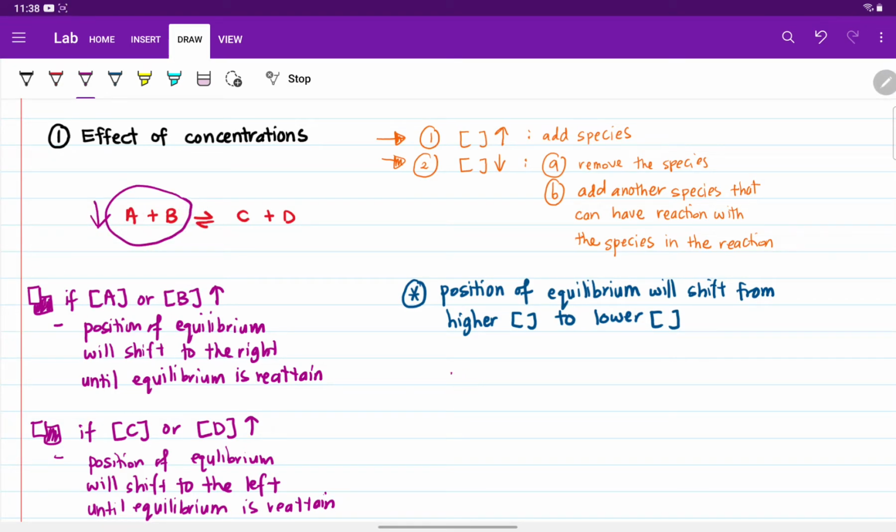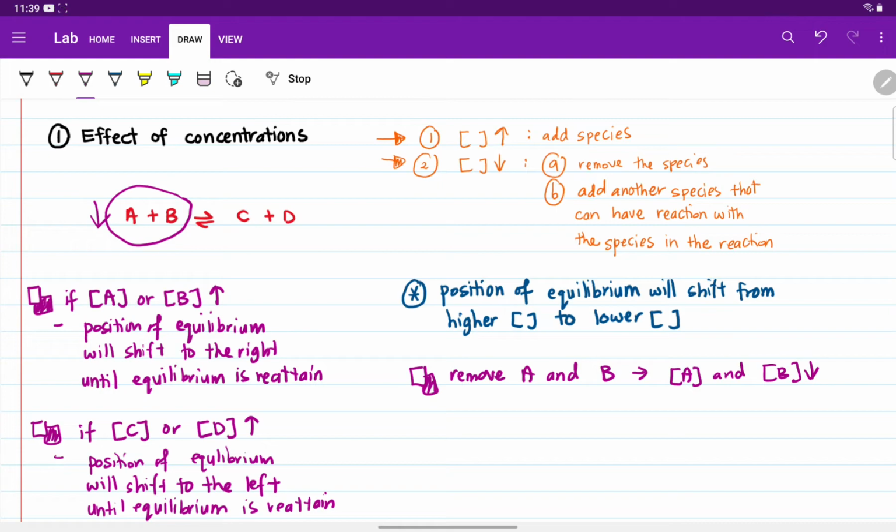Okay, so I remove, katakan dekat sini sebagai contoh, I remove A and B. So once I remove A dan B, apa impact dia dekat sini? Concentration of A and concentration of B akan berkurang. So maksudnya dekat sebelah kiri ni akan berkurang.